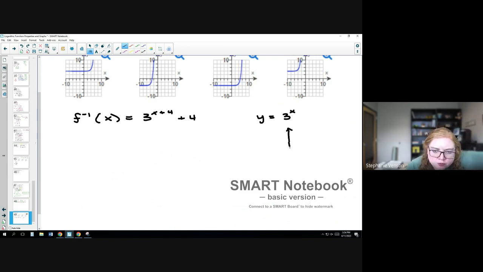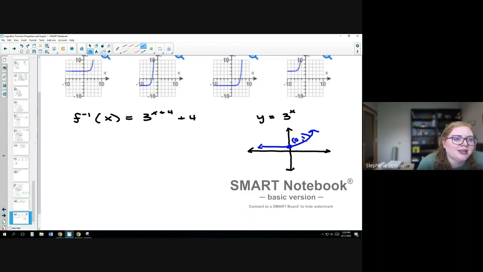And we know that the parent function for exponentials looks like this. We know that it goes through the key point 0, 1. And we know that it has a horizontal asymptote at y equals 0 because we have that parent function memorized.